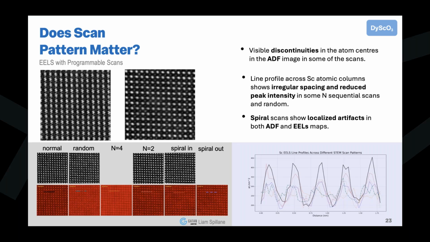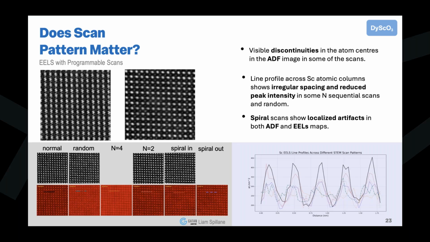So having pixel jumps that get closer to your interatomic spacing can introduce a lot of artifacts. And if we compare it to a smoother scan on the right, for example spiral, we obtained signal that was closer to the raster scan that we can compare here.